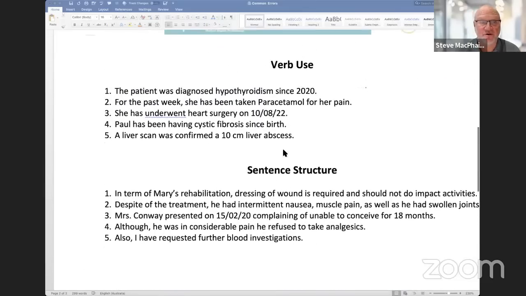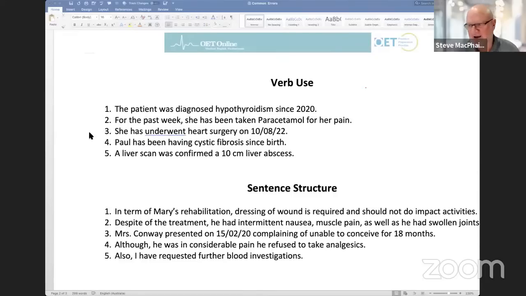Now let's talk about verb use. Again, I've just selected 5 common errors for each section. And just remember, these errors are real. This is data that we collect from our students. So they're real errors that people make. One thing we know, language learners tend to make the same errors, and even people from certain cultural backgrounds or first languages make the same type of errors as other people from that same background.